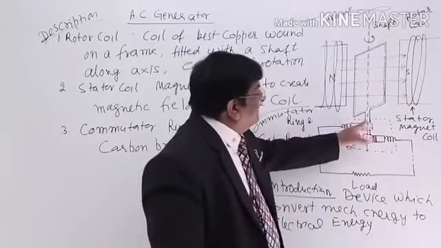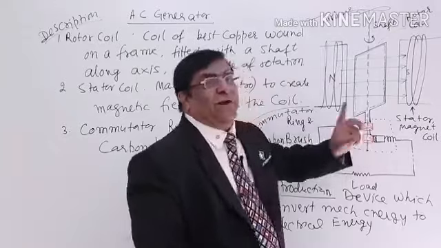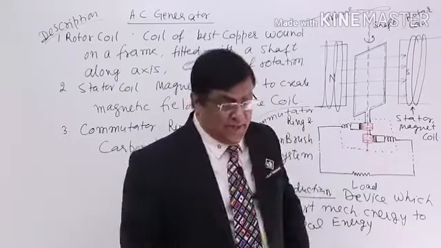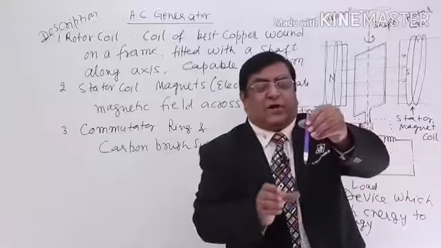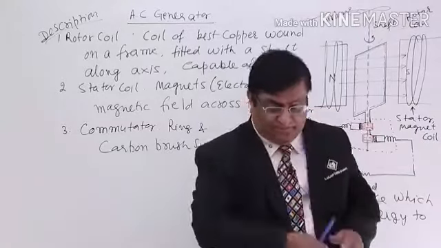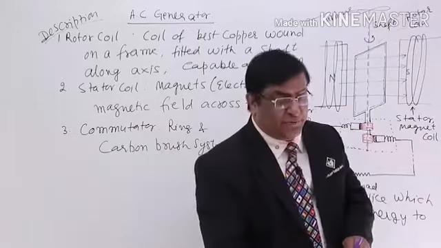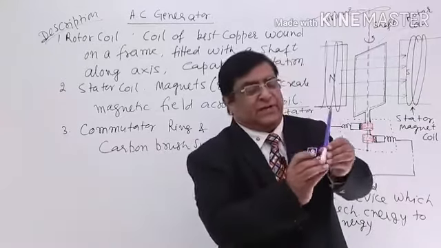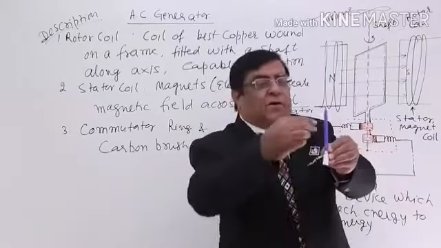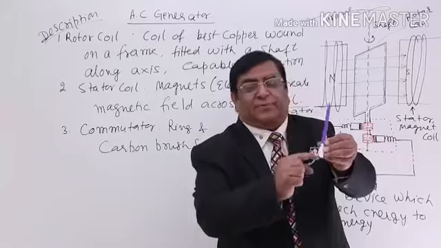The system is like this. One end of the wire is terminated at one ring. If this is the shaft here, on this shaft we put a ring like this. So this ring is fitted on the shaft. Now the current comes here up to this ring.